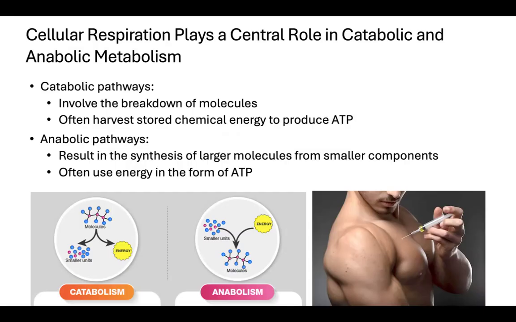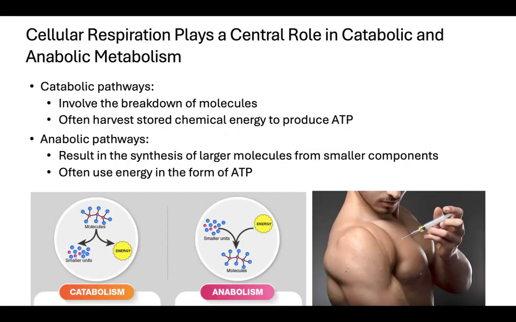Okay. And so we can see here in the middle of the bottom screen, we're going to use energy to build things. You may have heard that word before, anabolic. Anabolic steroids have been in the news for decades. And this is because many people have used them to encourage their cells to synthesize more protein. And that's the bulk that you see.